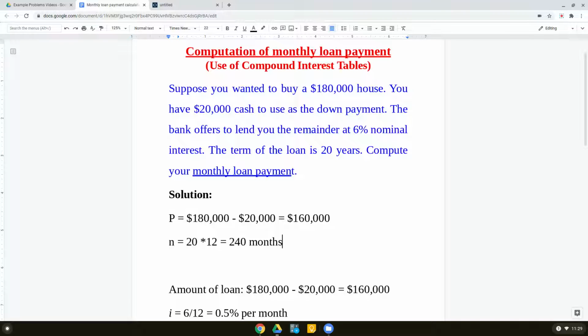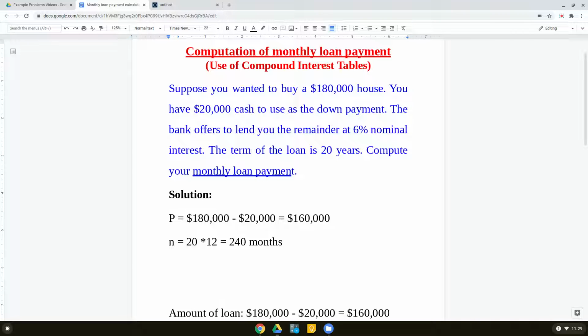What else do we know? We know the interest rate, right? So that is I. I represents interest rate. That is 6%. But here we have to be careful, because, as I said just now, if one thing is in months, we have to be consistent. And this is a 6% nominal interest rate. This is given as an annual interest rate, and we are calculating monthly loan payment. So that's not matching.